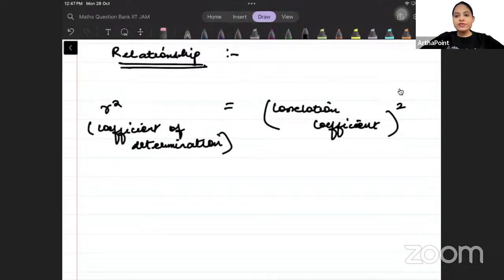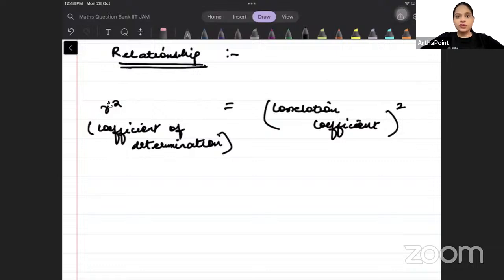Now, if I ask you, okay, fine, what are the formulas for the two things? And how can we go ahead and say this thing? Then even through formula, we can represent the same relationship.